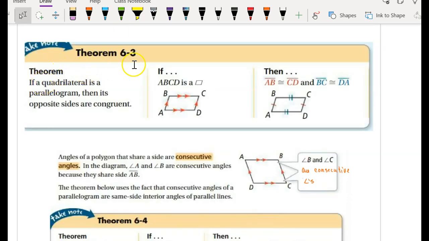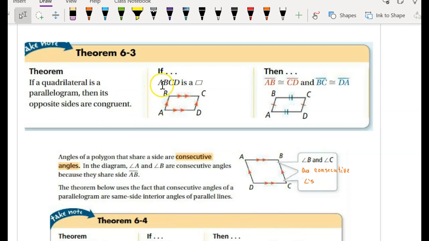So let's look at theorem 6.3. If a quadrilateral is a parallelogram, so what does that mean? If it's a four-sided figure and the opposite sides are parallel to each other, then its opposite sides are congruent.